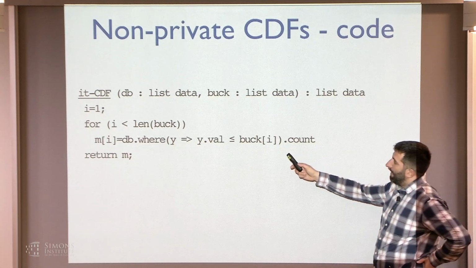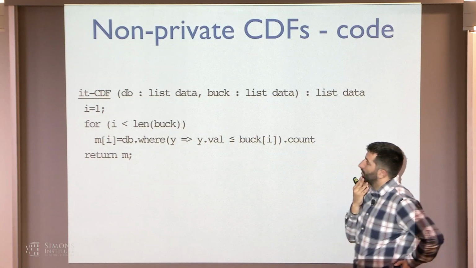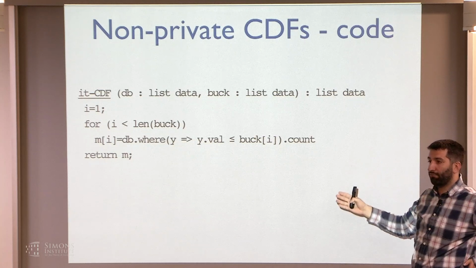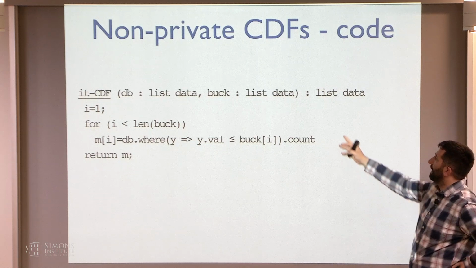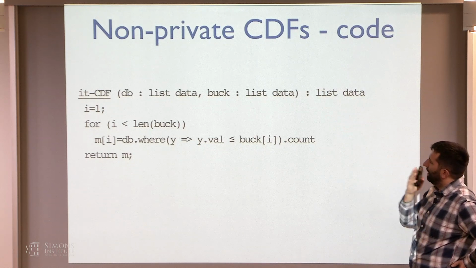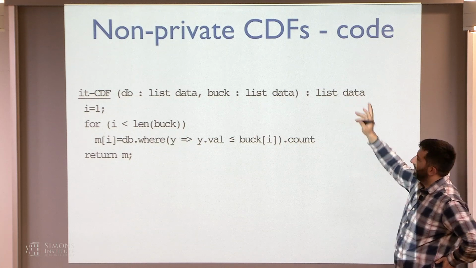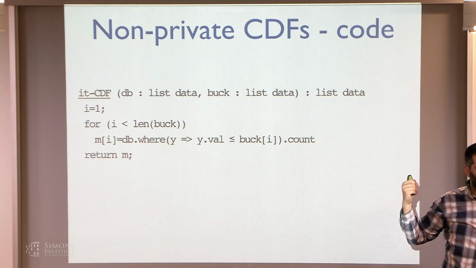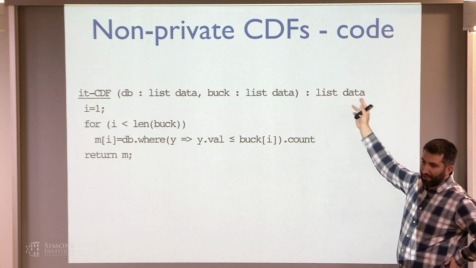The CDF first takes two arguments: the database that I call DB, and then the list of buckets for which we want to compute the CDF. And then it returns, sorry, this should be a list of int. Of course, I didn't verify my own code, and this is why there will be many typos. Sorry. It returns a list of counts mainly.